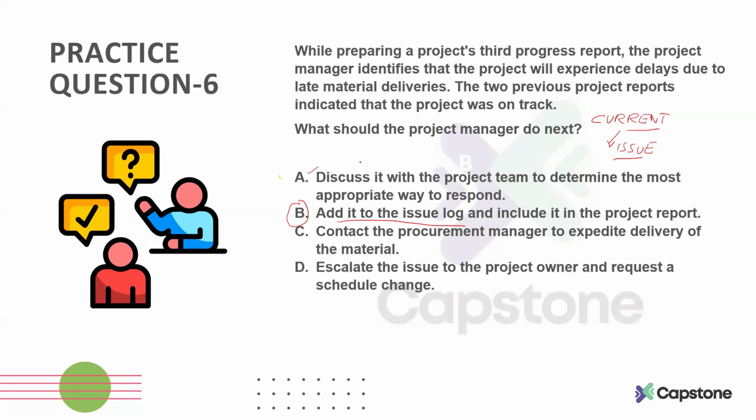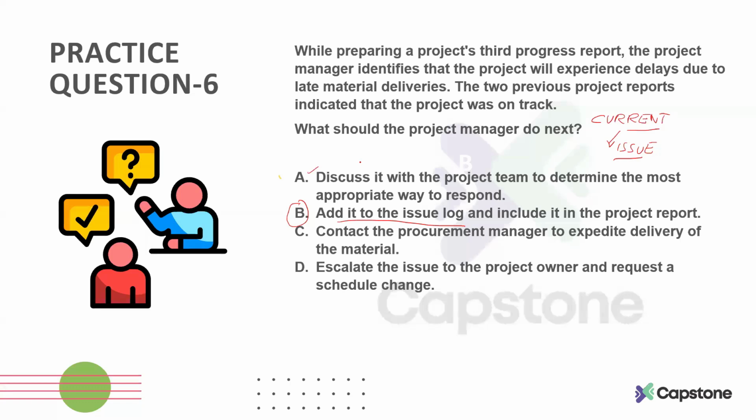The same happens with a change request: whenever you identify a change or someone requests a change, you need to add it to your change log, do the impact analysis, and then move ahead as per the steps involved in the change management process. So this is an issue.